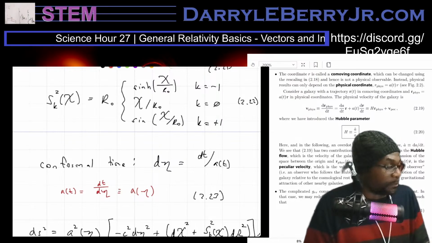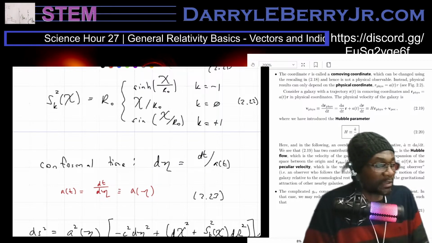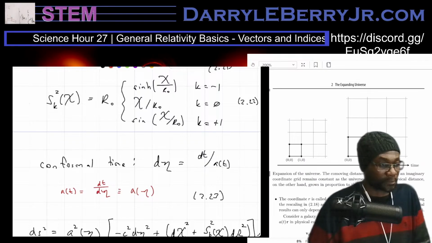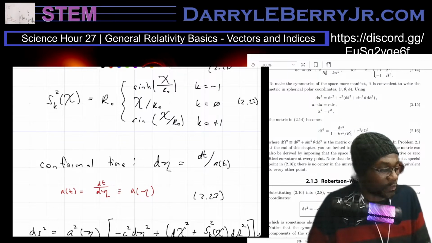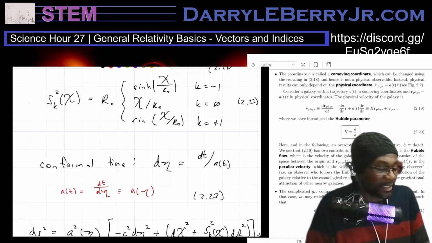The complicated g rr component of 2.17, which is the Robertson-Walker metric, can sometimes be inconvenient.